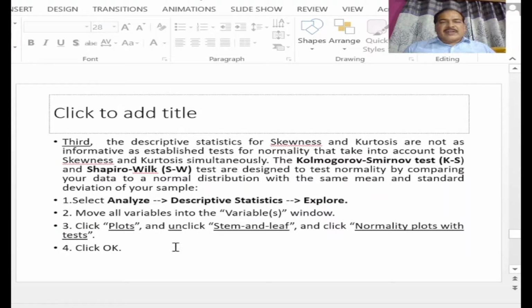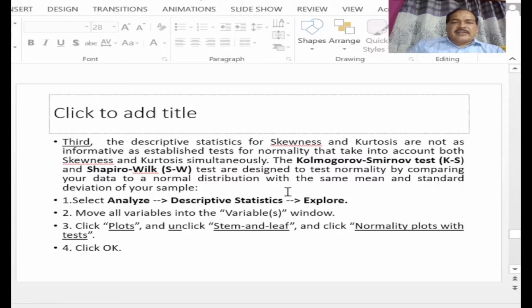Okay, but the next issue is, apart from the skewness, kurtosis and the normal distribution curve, we also have different statistical tests which can tell us whether our data is normally distributed or not, and they can be calculated with the help of SPSS.